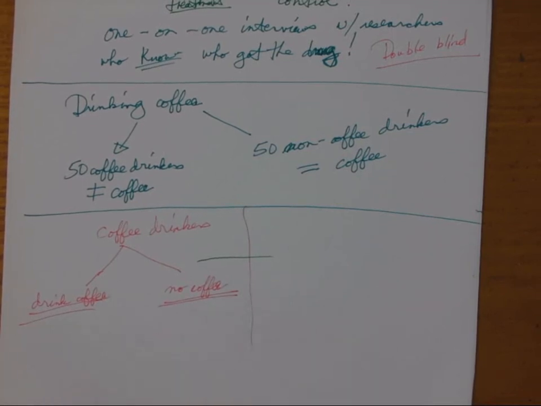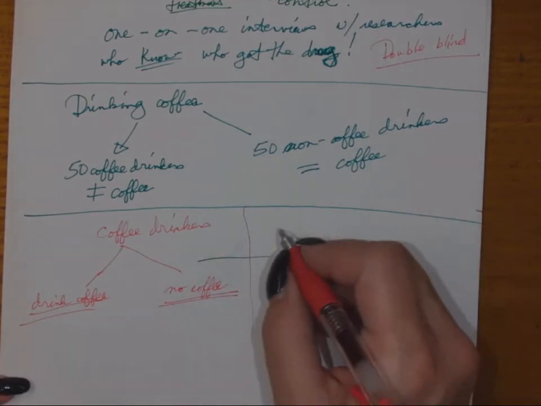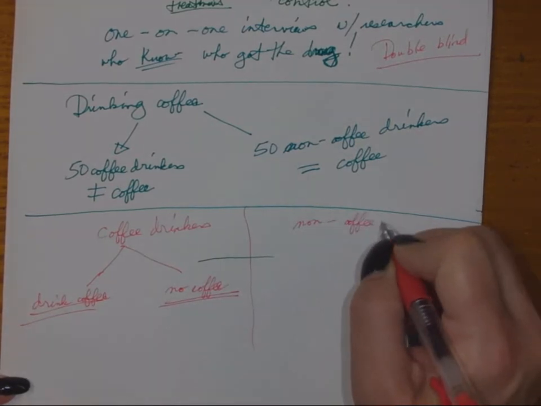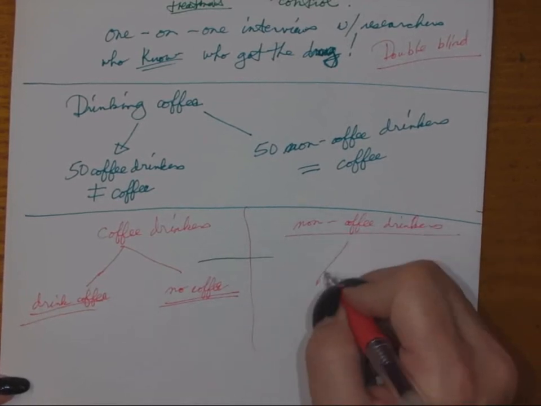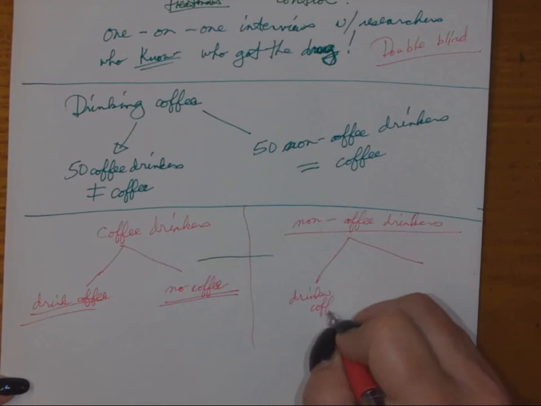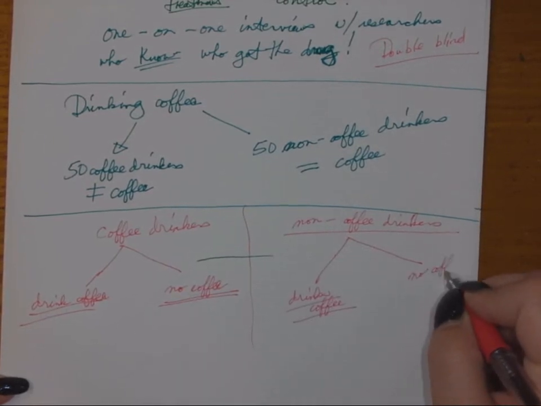So it's kind of hard to design this particular study and not have problems, because what happens over here? Non-coffee drinkers. If I look at this group separately, well, I would need a group that drinks coffee, and I'd need a group that has no coffee.